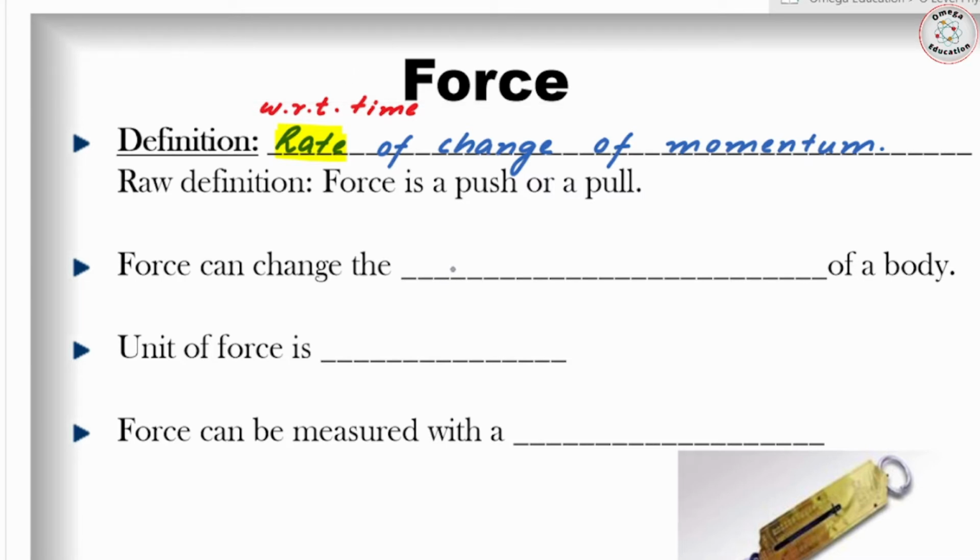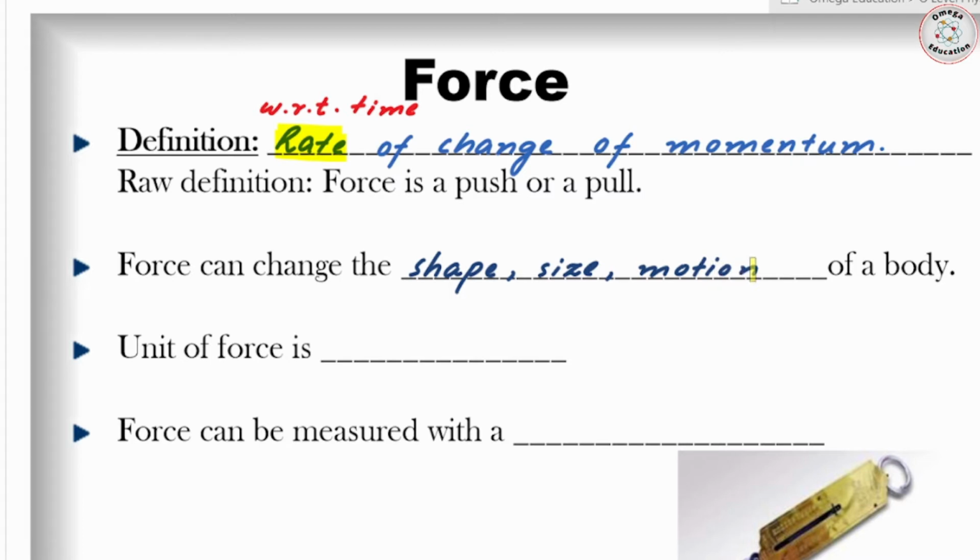Now, talking about the force, force has certain properties. Force can change the shape, it can change the size, and it can change the state of motion of an object. And changing the state of motion itself has different cases.